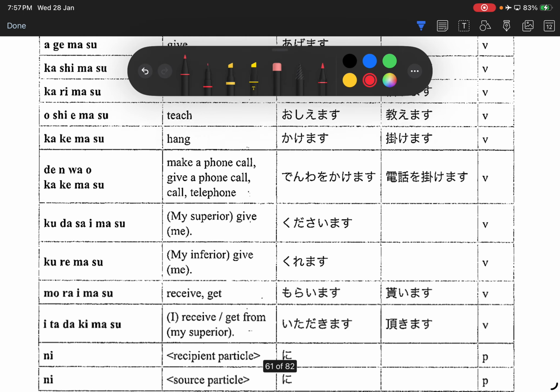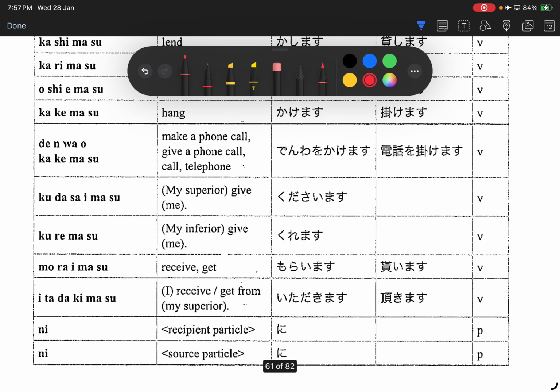Alright, let's continue. Kudasaimasu. Kuremasu. Moraimasu. Itadakimasu. Same for these four also, give to, receive from.